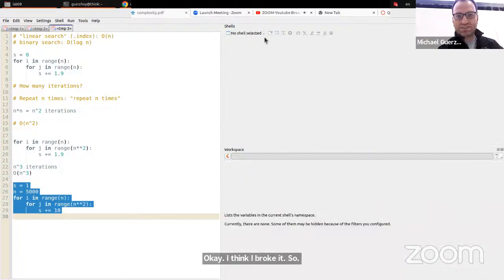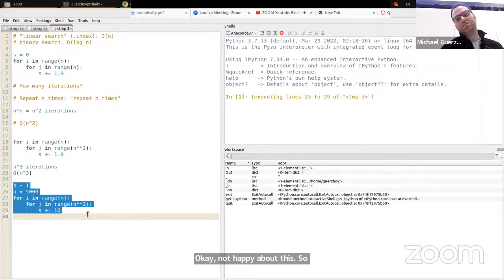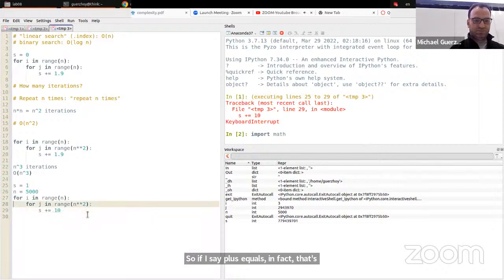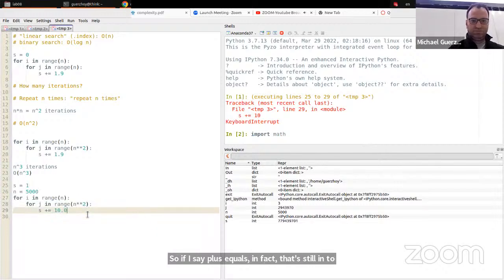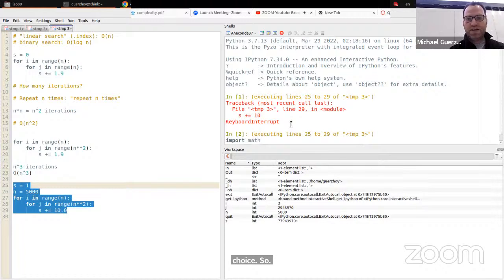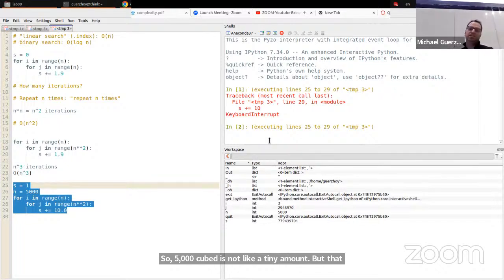If I say plus equals, in fact, that's still integers. So 5,000 cubed is not a tiny amount, but that is going to finish running pretty soon.